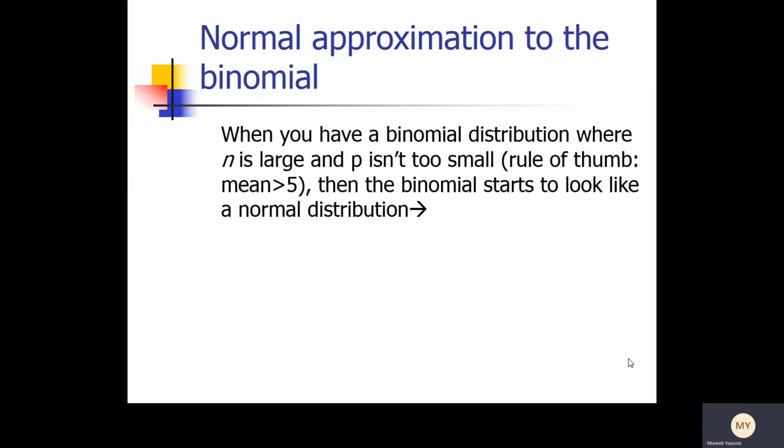And in addition to this product np, the product nq must also be greater than 5. So before converting a binomial distribution into a standard normal distribution, we must check that both products, np and nq, are greater than 5.